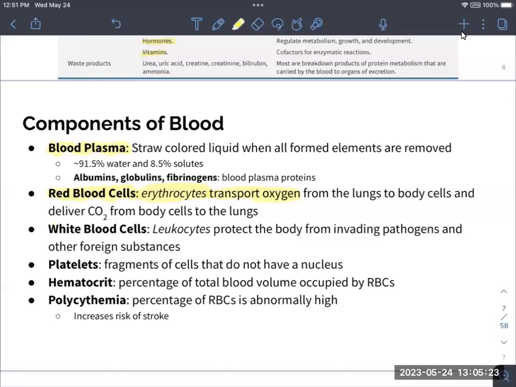White blood cells is the common name for leukocytes, and they're going to protect you from any pathogens that make it into your system to help prevent you from getting sick. Platelets are fragments of a cell. We'll look at how platelets are actually formed. We also have hematocrit.